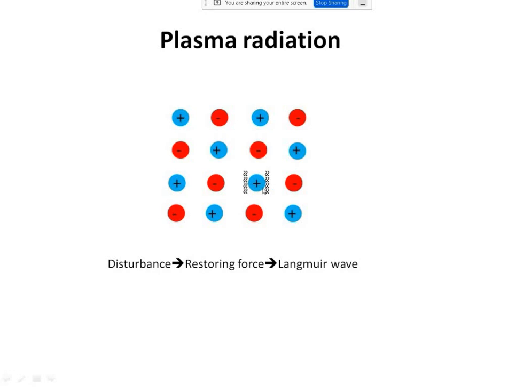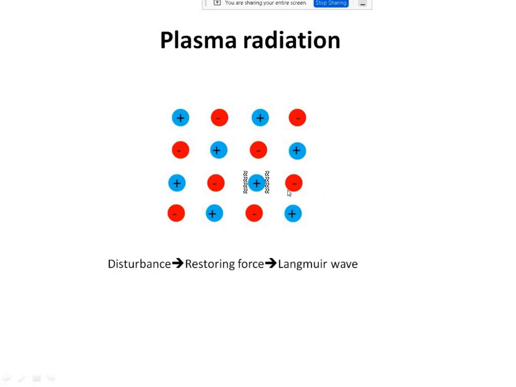For example, if there's a small turbulence, like to one particle, there will be a restoring force because there is a strong electric field generated by other electrons or particles, and it will come back, but it will go further from the equilibrium. So it will come back again.